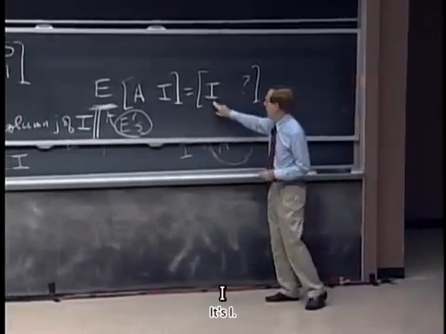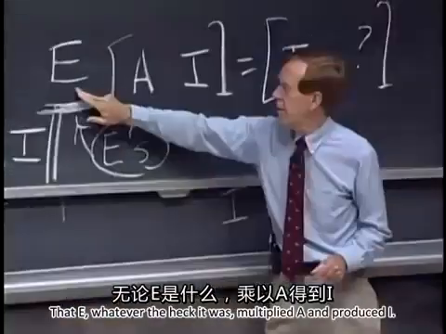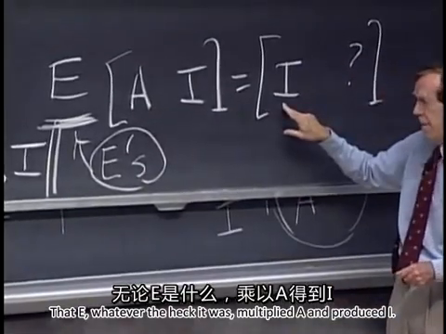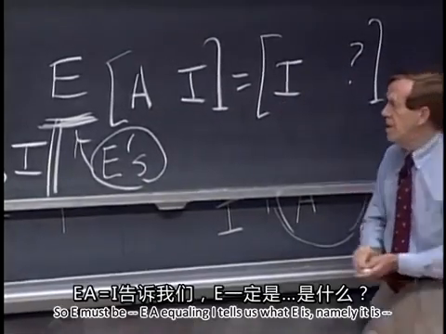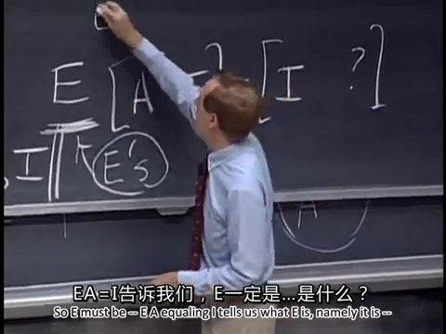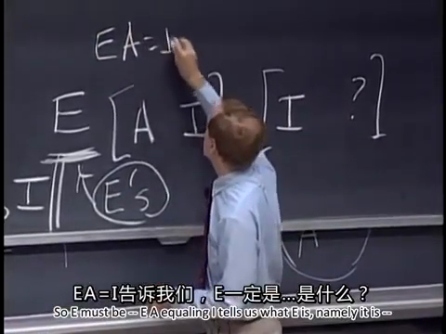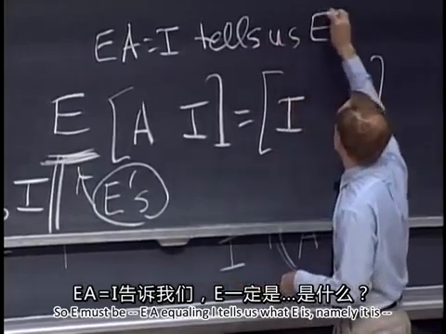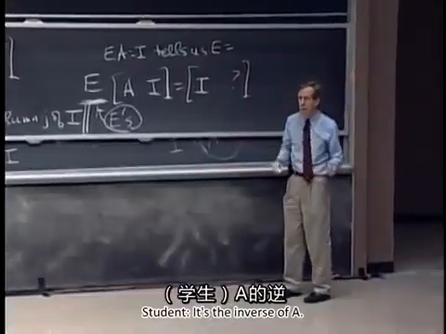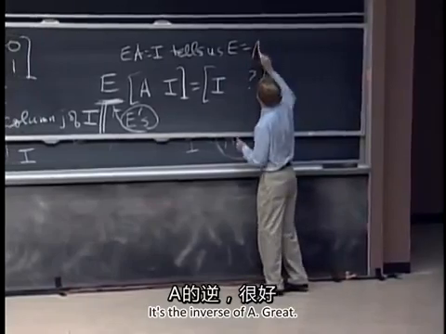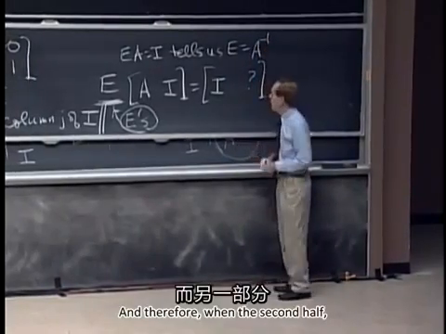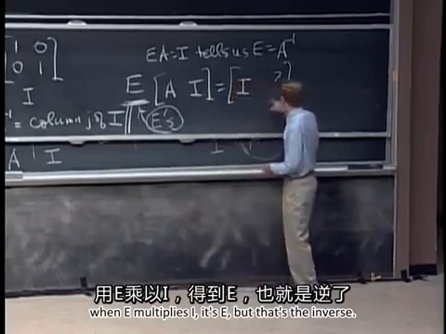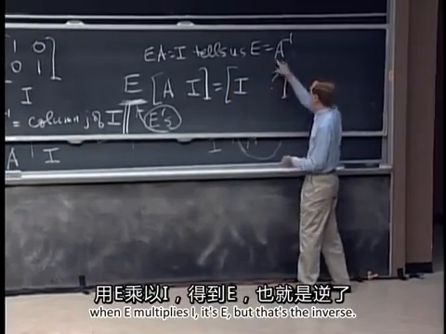It's I. That E, whatever the heck it was, multiplied A and produced I. So EA equaling I tells us what E is. Namely, it's the inverse of A. Great. And therefore, when the second half, when E multiplies I, it's E, but that's A inverse.